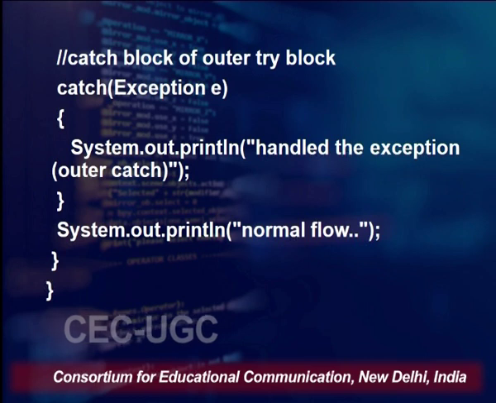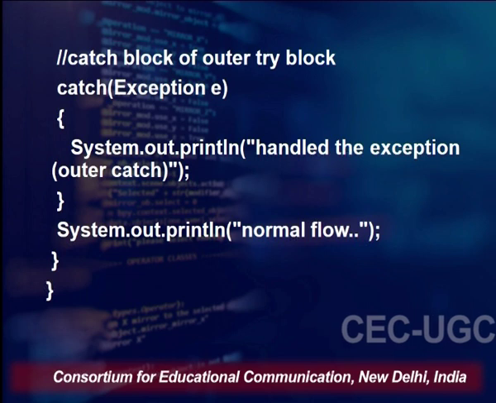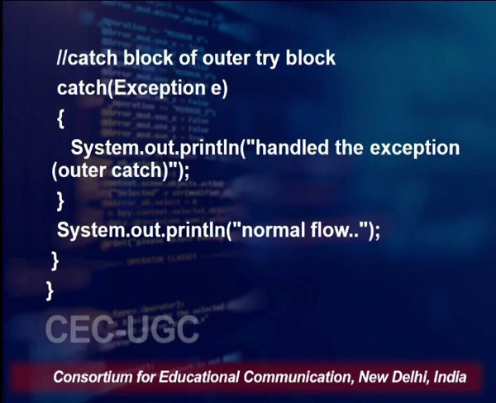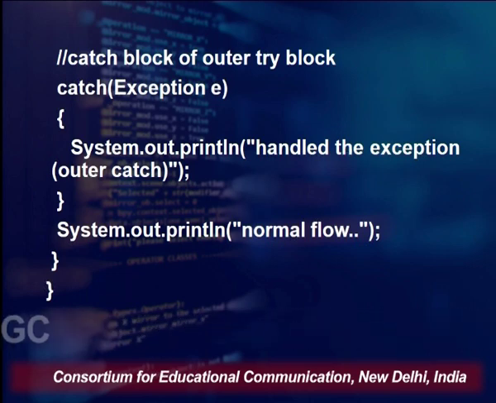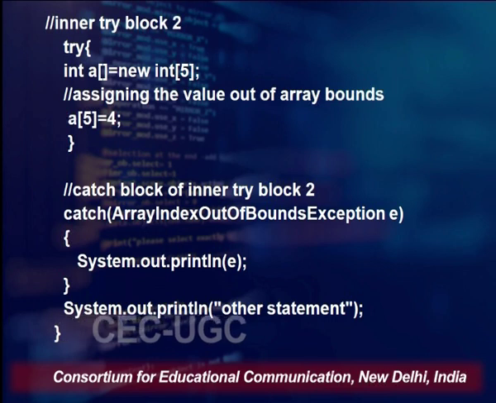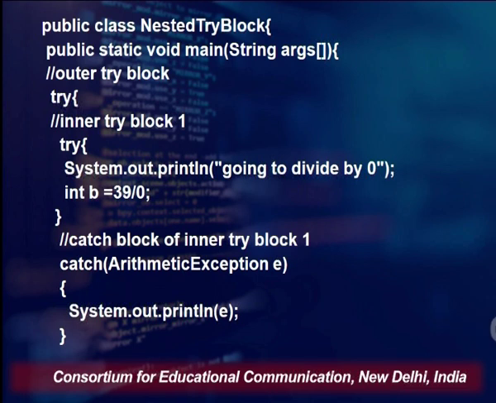Here it says System.out.println "handled the exception inside the outer catch", and then a statement printing the normal flow is printed. So when we run this program, what kinds of exceptions are thrown? First, inner try block 1 is executed.